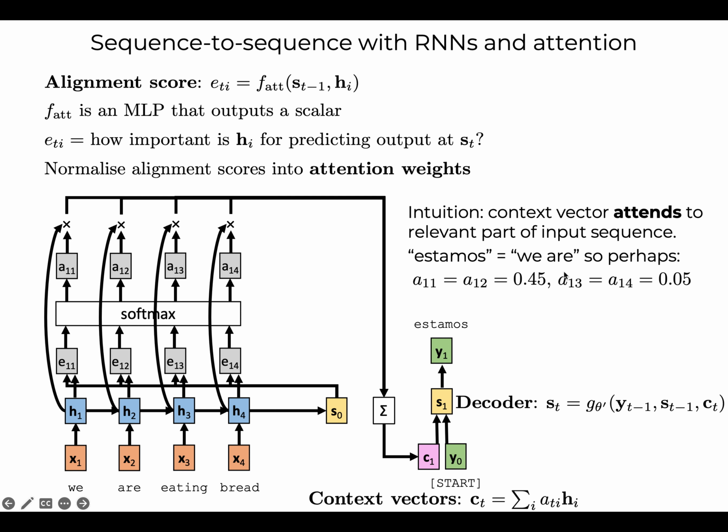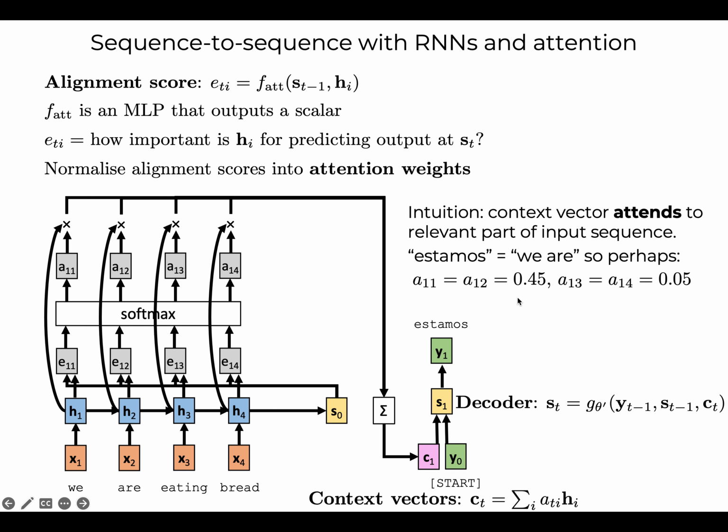So it's very likely that the attention weights for the first and second input tokens will be very large, whereas the attention weights for the third and fourth input tokens will be really small, and it's basically ignoring them.